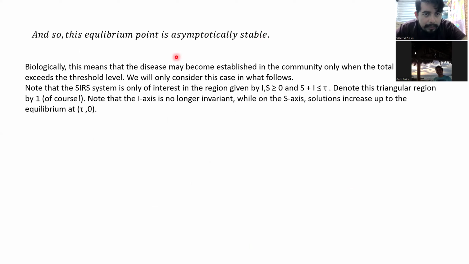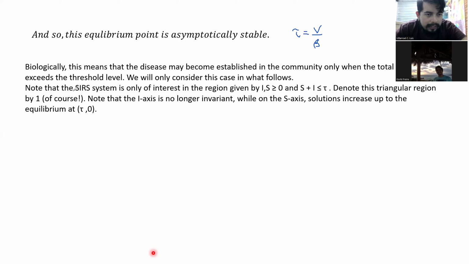And so this equilibrium point is asymptotically stable. Biologically, this means that the disease may become established in the community only when the total population exceeds the threshold level. The threshold level is the point that we at the beginning called tau equals b over beta. And we will only consider this case in what follows.